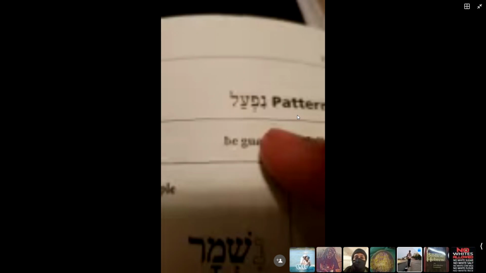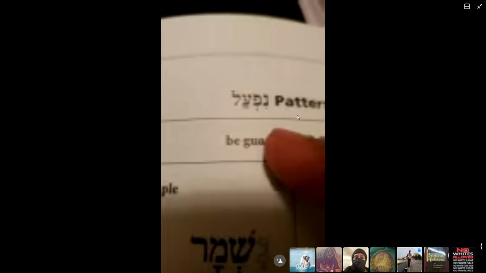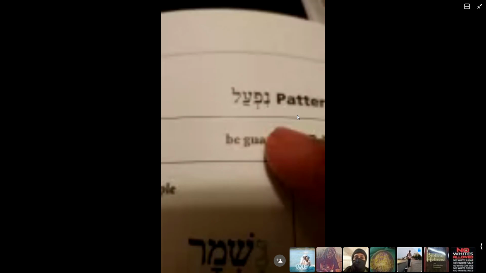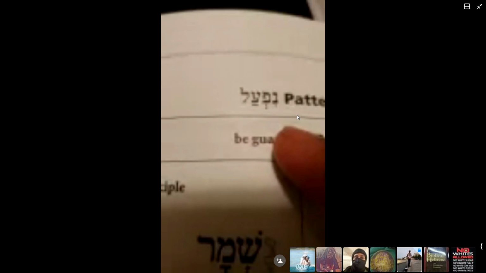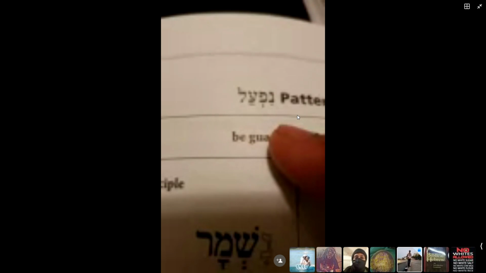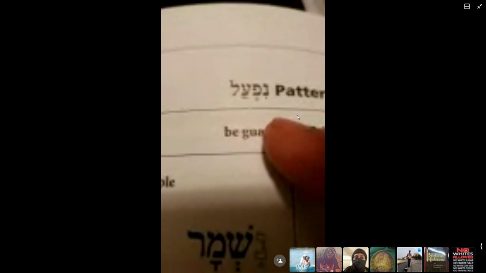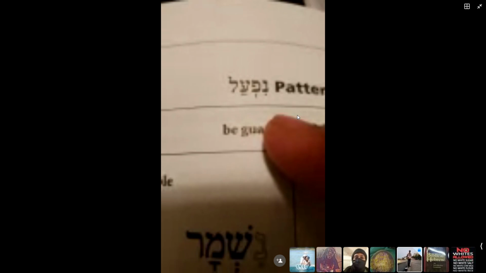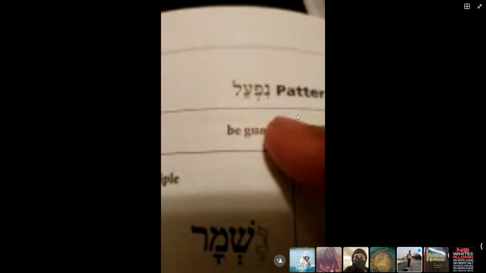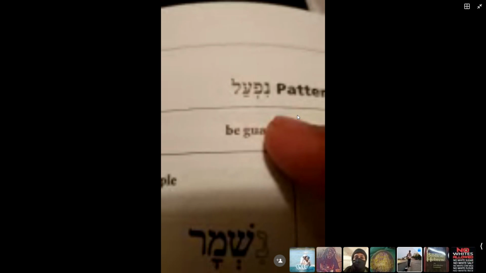When we were dealing with the hifil, for example, that's why there's a hey attached to the beginning of the verb, and a yod between the second and the third letter. With the nifal, you can already assume there's going to be a noon as a prefix of your verb. So that's how you get the basic gist of how they get their name.